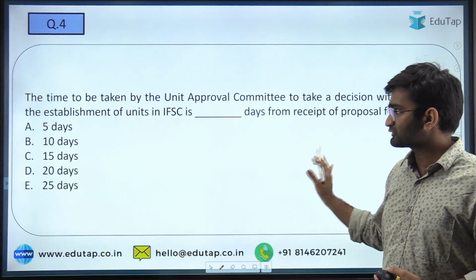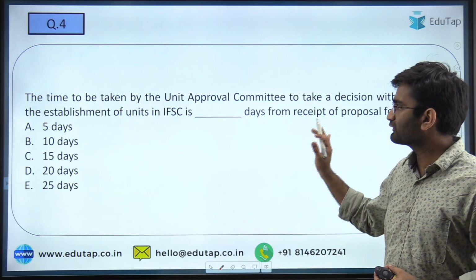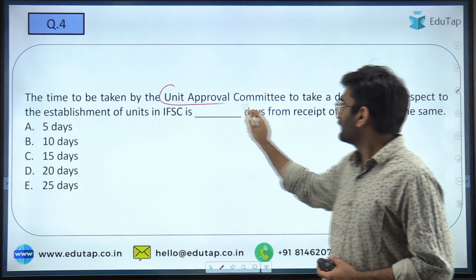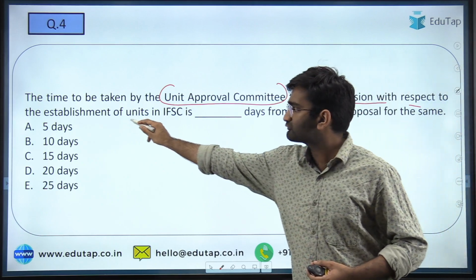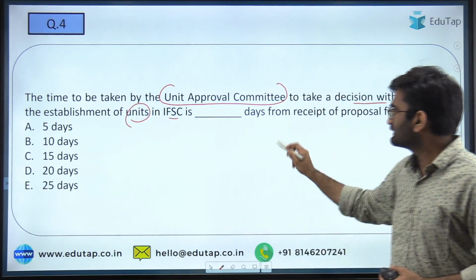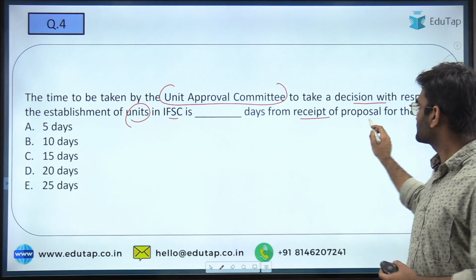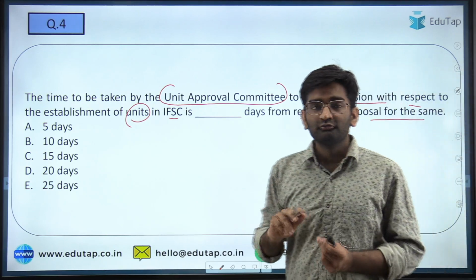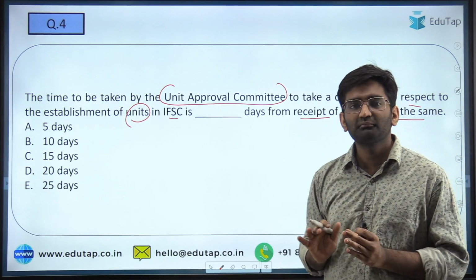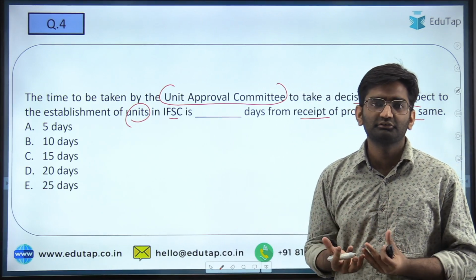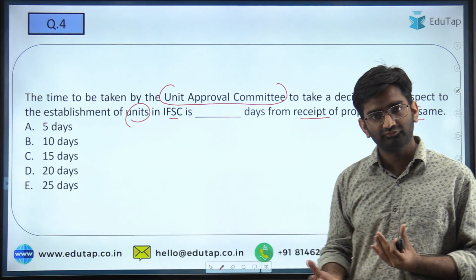Moving on to the fourth question, the time to be taken by the unit approval committee to take a decision with respect to establishment of units in IFSC is dash days from the receipt of proposal for the same. So the units, it may be a banking unit, a capital market intermediary, or an insurance unit or office.